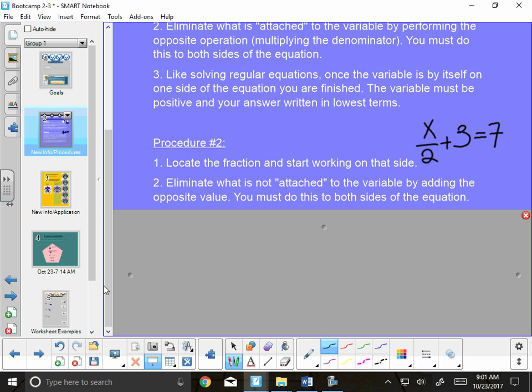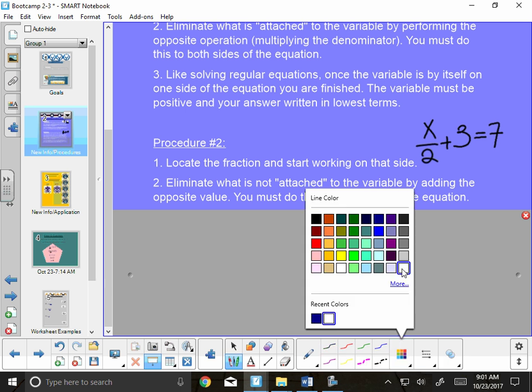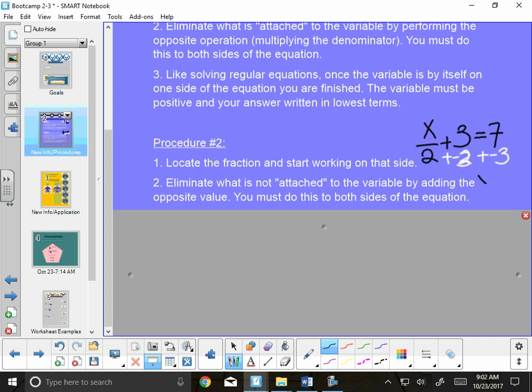Looking at the equation on the board, the one thing that's not actually attached to the x over 2, which is our fraction, is that positive 3. In order to get rid of that positive 3, we're going to add the opposite. So we're going to add a negative 3 to both sides. We will end up with x over 2 equals 4, because 7 plus negative 3 equals 4.